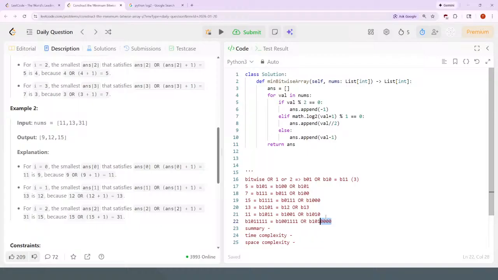So then you have something that fits. Okay. Rightmost streak of ones.